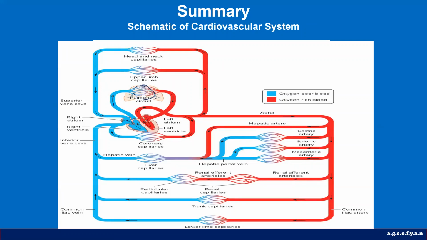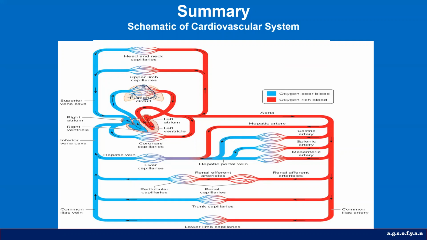Okay? And then from the left atrium, the rich blood, red in color, goes to the left ventricle, passing the bicuspid valve. And then we're going to start this systemic circulation here from the left ventricle. It pumps the blood to the aorta, passing the valve called the aortic valve. And remember, the aorta has three main parts: ascending aorta, arch of the aorta, and descending aorta.